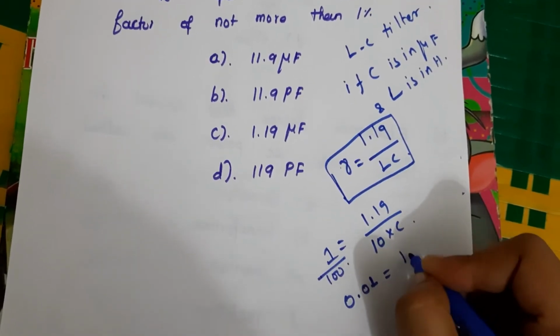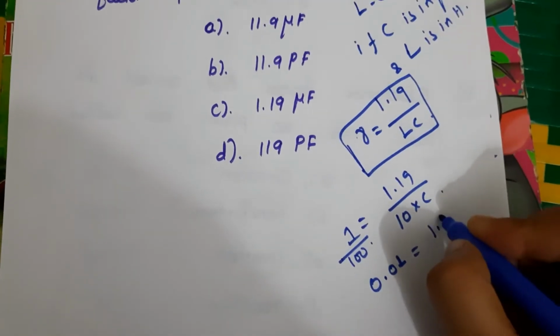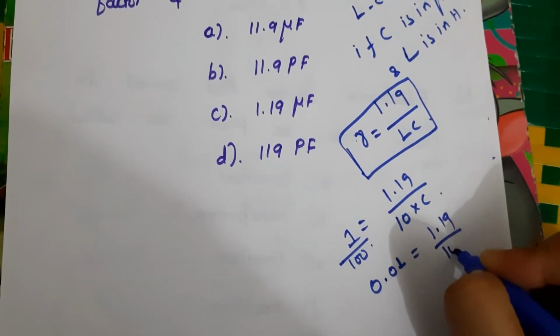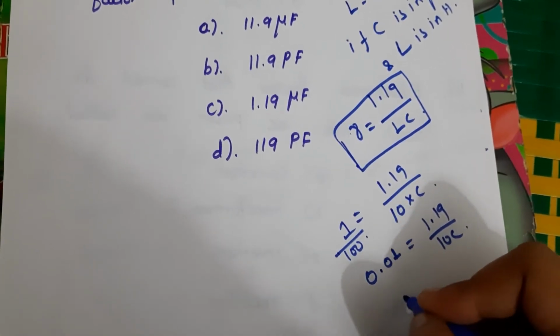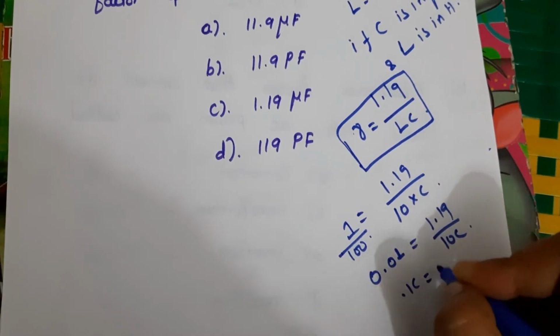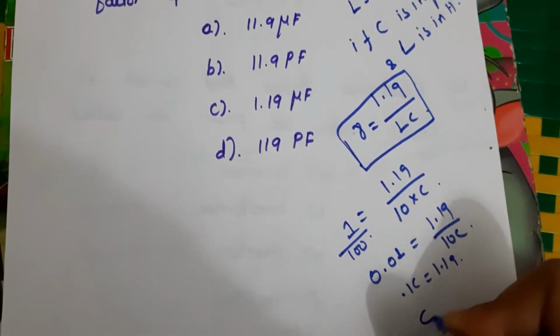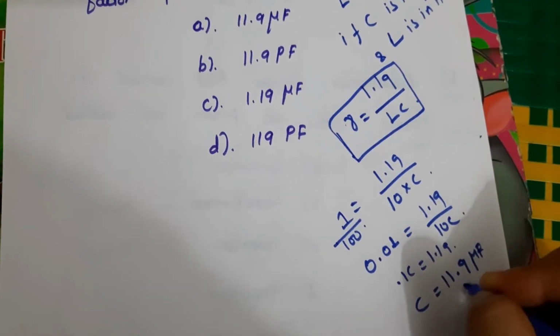So 0.01 is equal to 1.19 divided by 10C. If we multiply, we get 0.1C equal to 1.19. So C is equal to 11.9 microfarad.